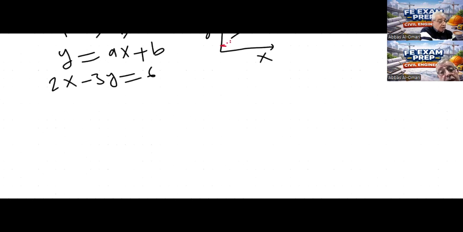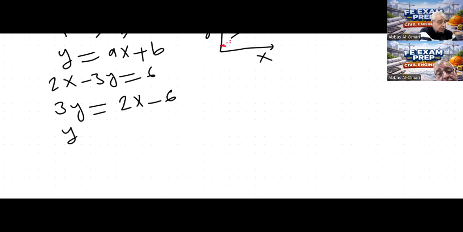I want to write it in standard format. I move y to the other side of the equation, so 3y equals 2x minus 6. So y equals 2/3 x minus 6/3, which is 2.